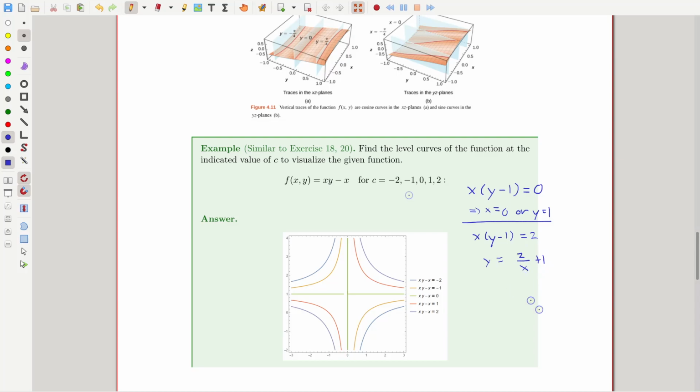And then if you just think about what the graph of this looks like, it has a vertical asymptote at 0, which you could definitely mark. And as x goes to infinity, you end up with a horizontal asymptote at 1. Is that right? Yeah, you do get a horizontal asymptote at 1. And then you could plug in specific points in order to make the sketch look accurate. But you know that this is a hyperbola with horizontal asymptote at y equals 1 and vertical asymptote at x equals 0.